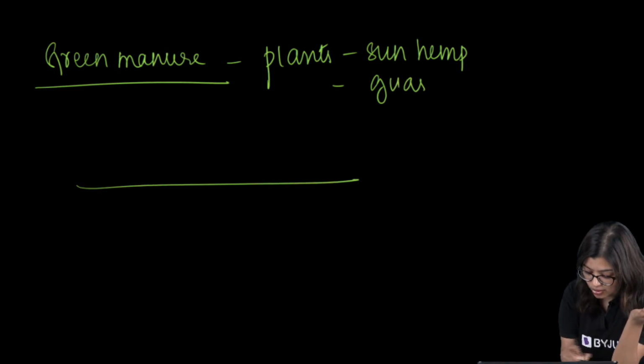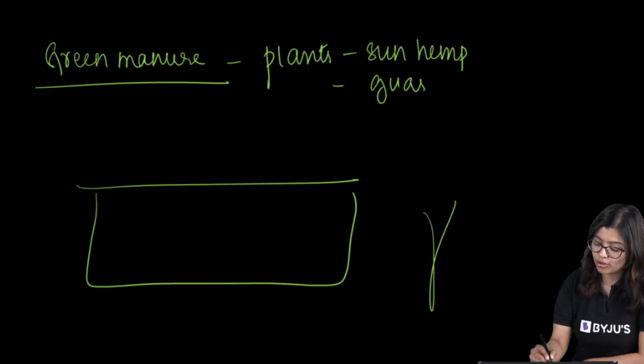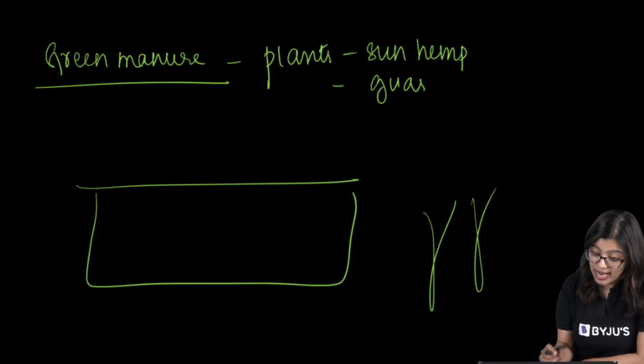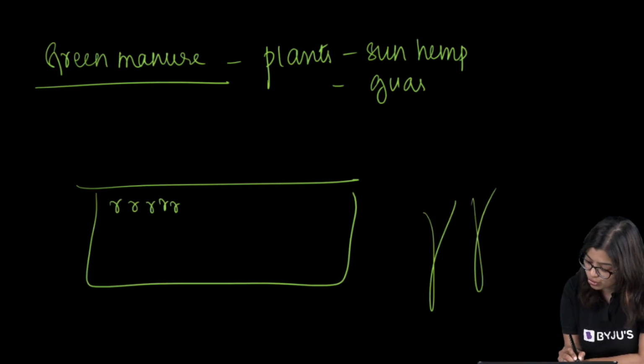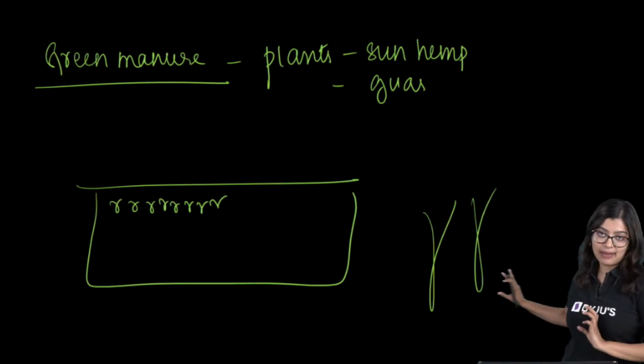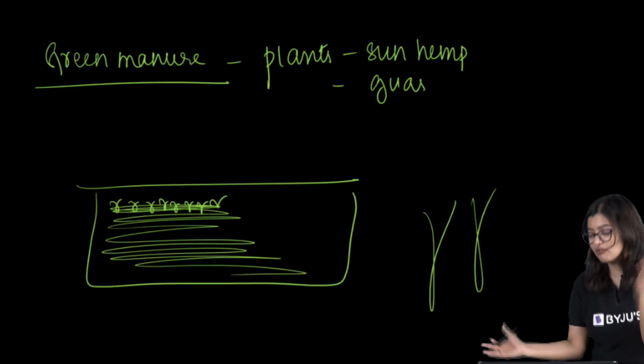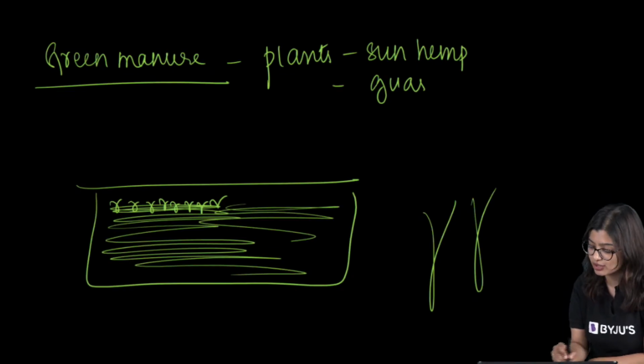So if this is my particular land, and I want to grow this plant, before I grow this, I'll grow these plants. Once I grow them, I can leave them as is, or I can remove them and mulch them. That means I will flatten it and mix it with the soil.